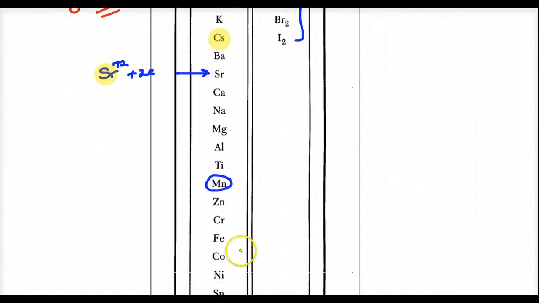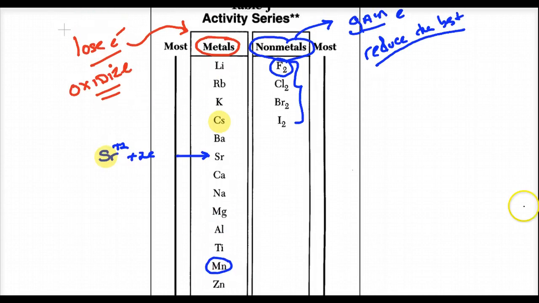So the only one that is above it, which means it's good enough at getting oxidized that it can force this to get reduced, or a strong enough reducing agent to send its electrons onto it, is cesium. Why? The one who oxidizes above the one who reduces, and cesium's the answer.